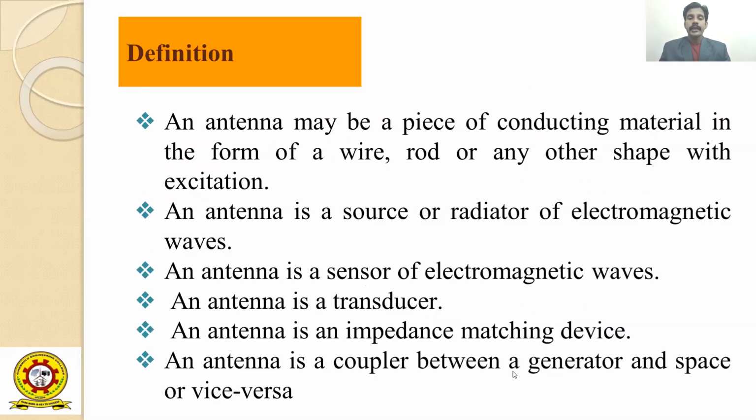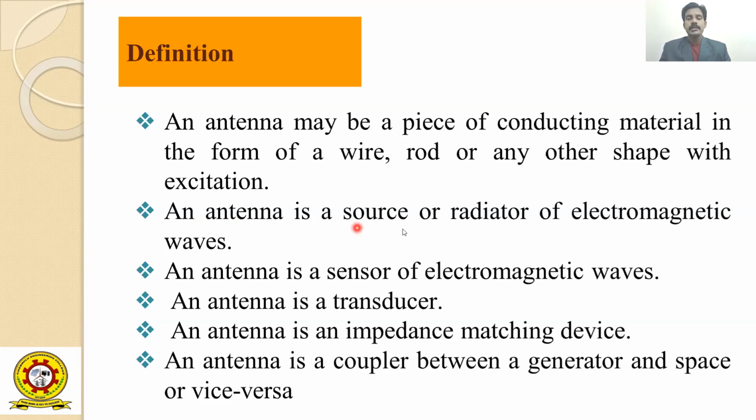According to the basic definition, an antenna is a piece of conducting material in the form of a wire or rod, or any shape of excitation. Why? Because in this new 5G generation, many thousands of antenna shapes are available in our laboratory, designed according to the user's wish.